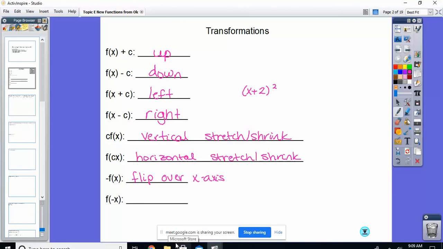And a negative on the inside makes your x's negative, so it flips over the y. Any questions?